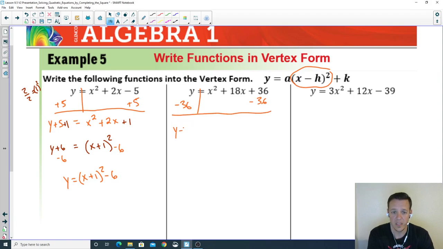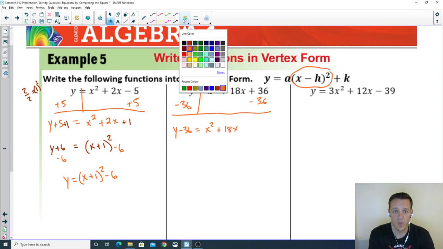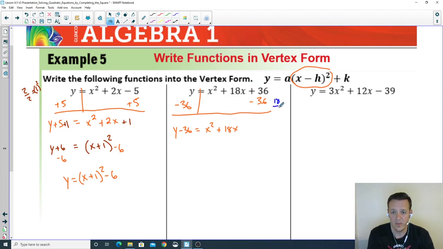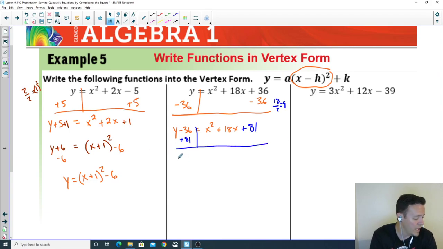So this is y minus 36 equals x squared plus 18x, and then once again we have to complete the square, so you would take 18, divide it by 2, which is 9, square that, it would be plus 81, and then you have to add 81 over here. And then you do your setup. So this would be y plus 45 equals, and then I'll do the perfect square on this.